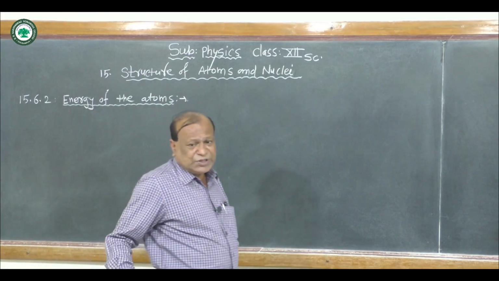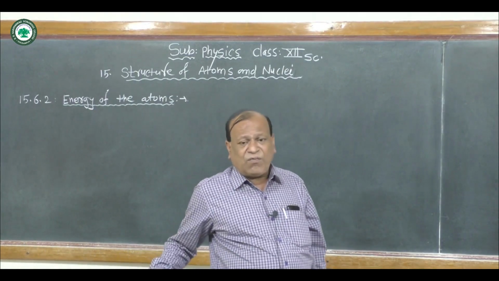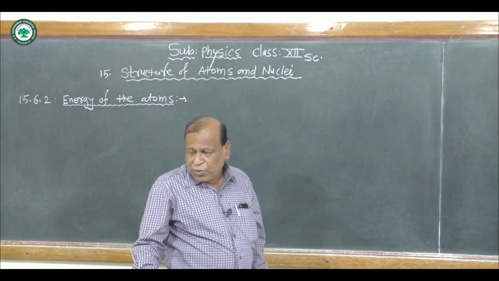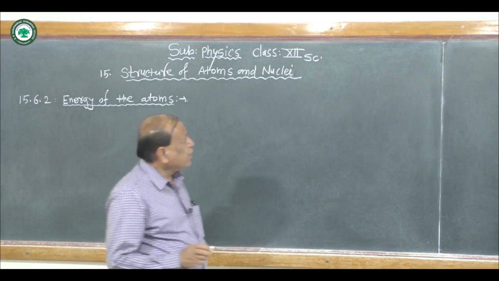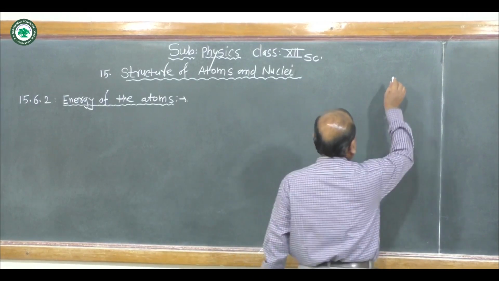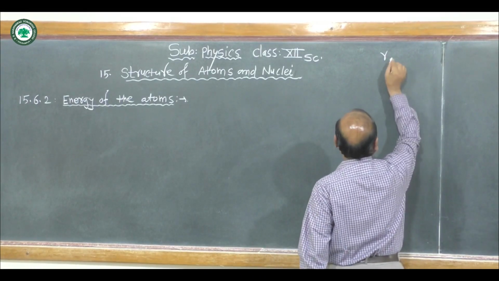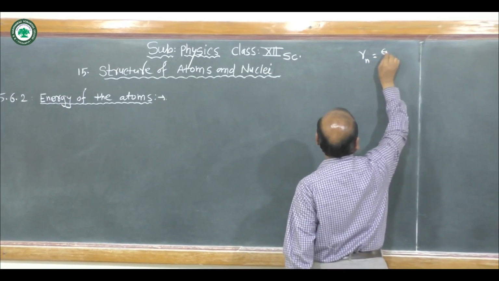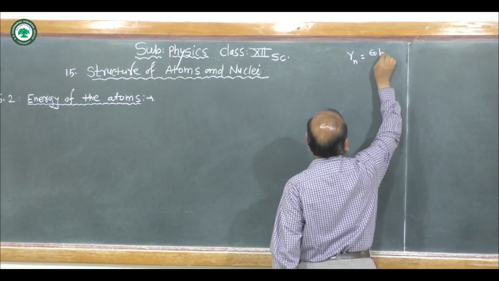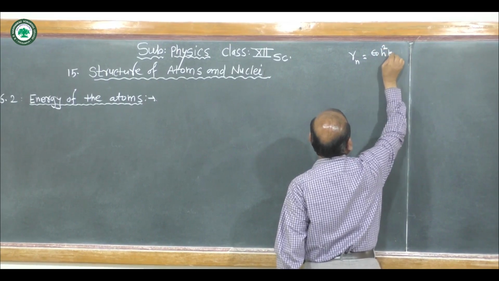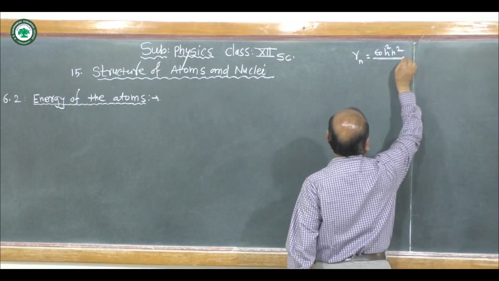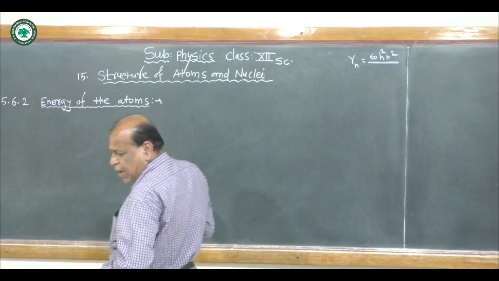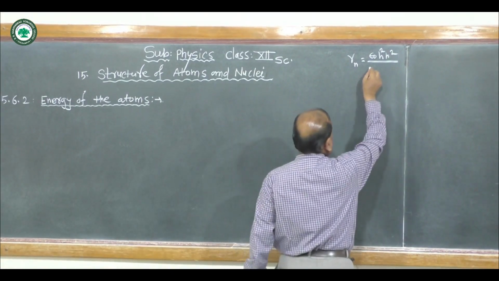obtain the expression for the radius of the nth Bohr's orbit, and we obtained that the radius Rn is equal to epsilon 0 h square n square divided by pi m Z e square.